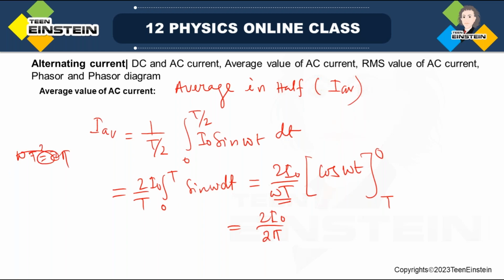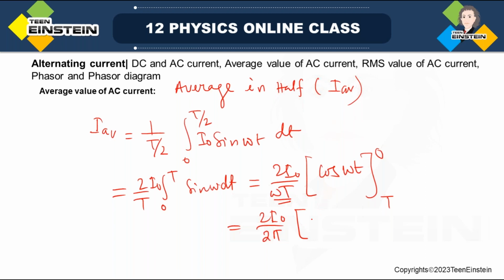If you are not able to understand, let me write it. Omega is equal to 2 pi by T, so omega T will be 2 pi. This is easy to understand. So we have 2I0 by 2 pi.